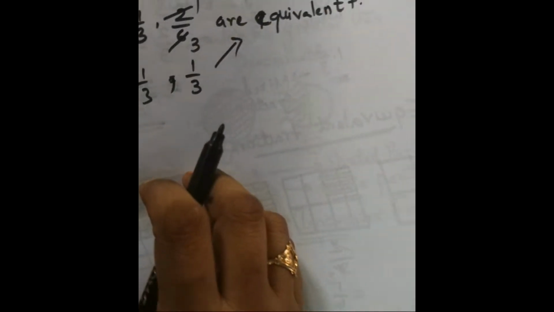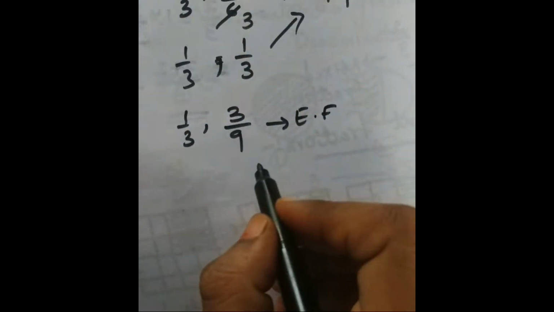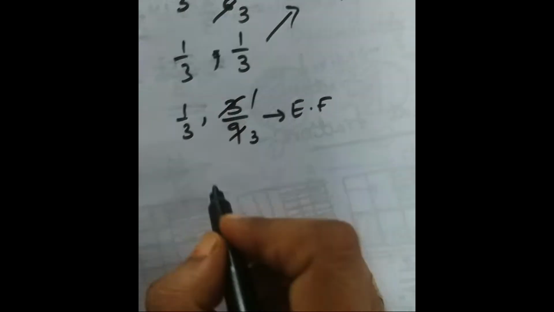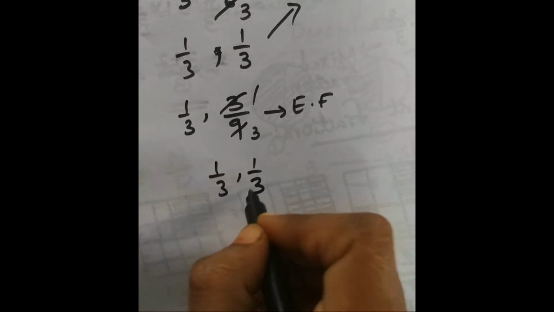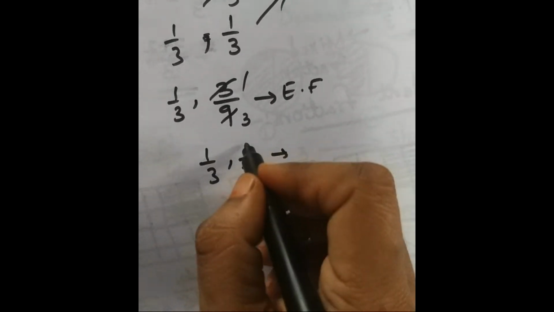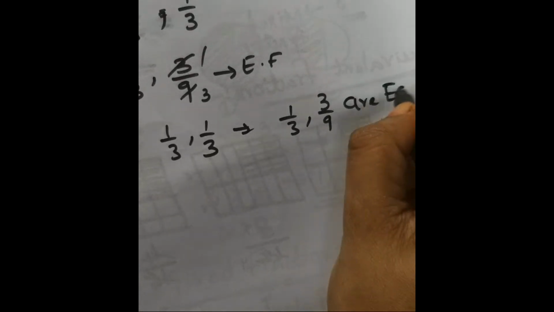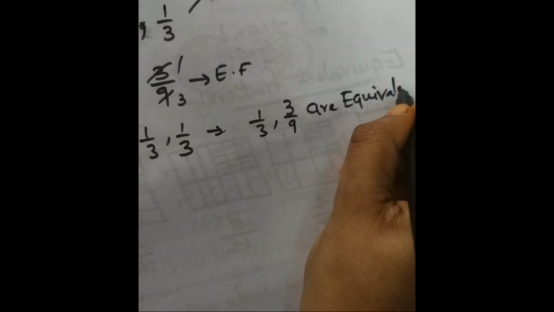Like this, we can write 1 by 3 and 3 by 9. This is also an equivalent fraction. How? 3 ones are 3, 3 threes are 9, so it becomes 1 by 3. So 1 by 3 and 3 by 9 are equivalent fractions.